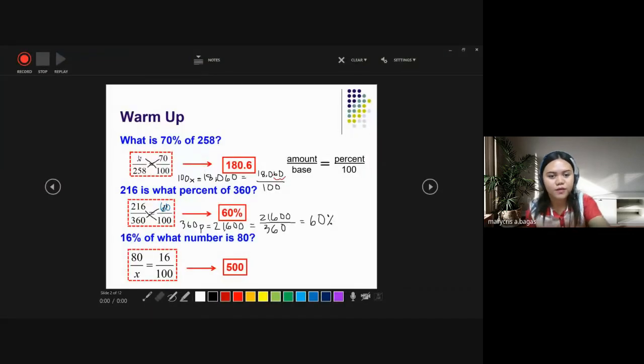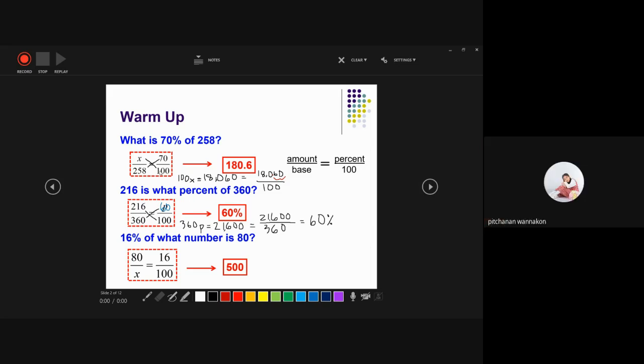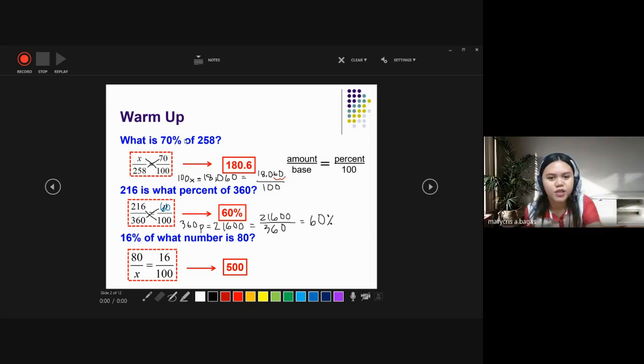Okay. Now look at this one first. What is 70% of 258? So 70%, we're going to write like this: 70 over what is over? 100.